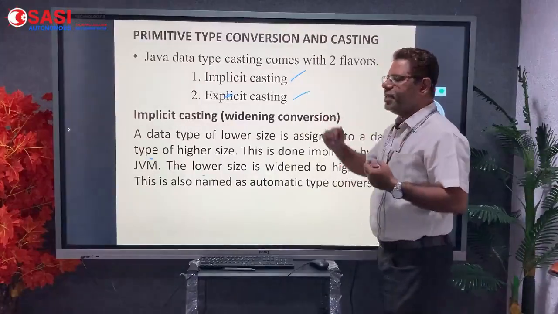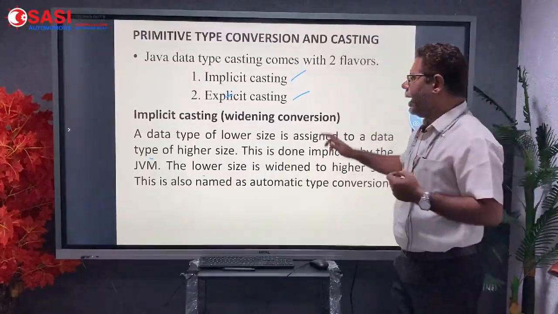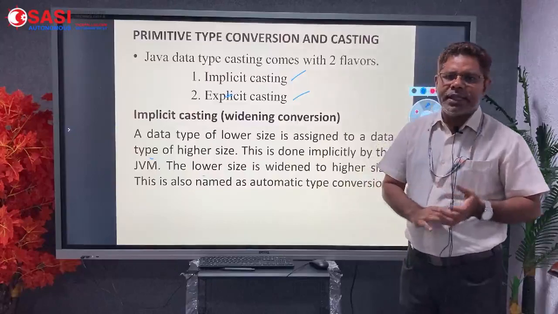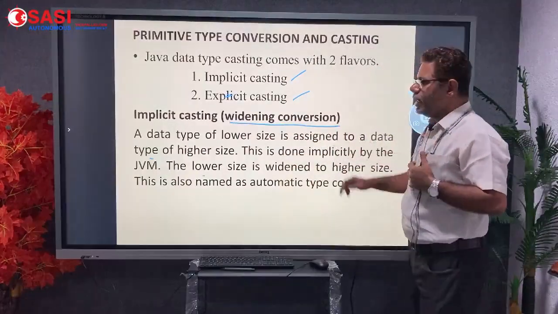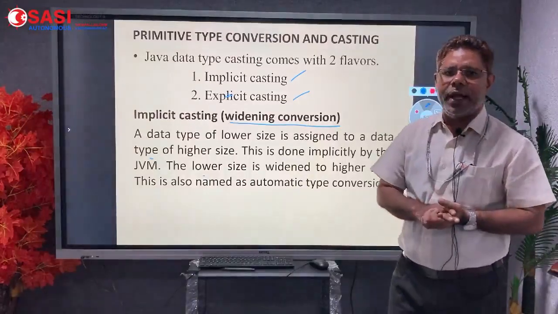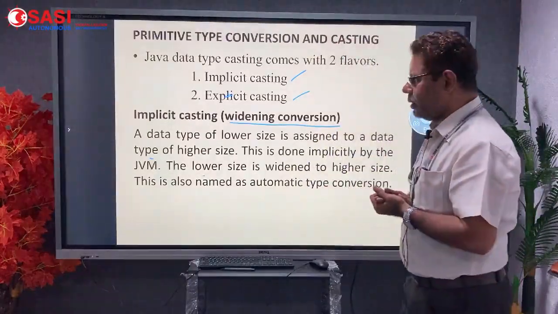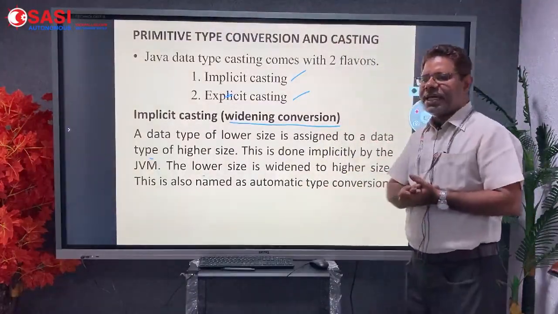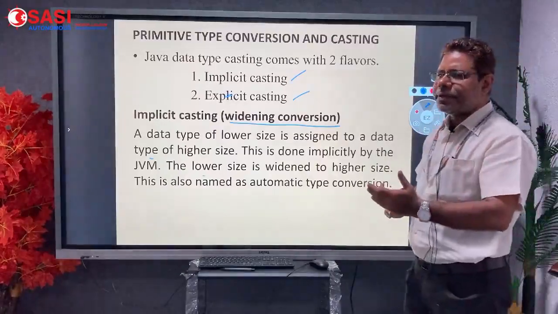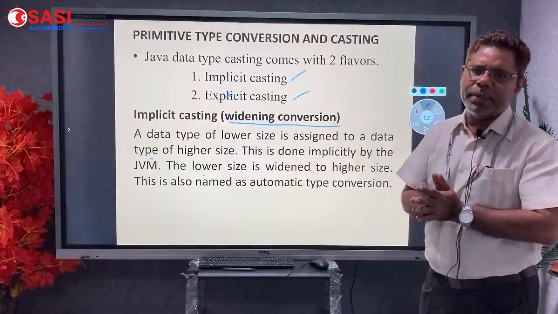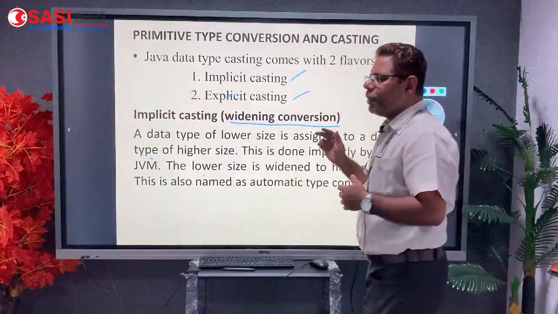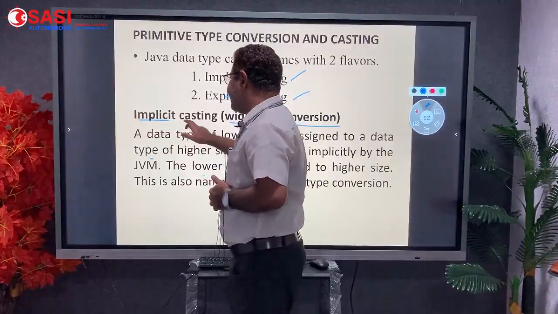One is the implicit casting and the second one is the explicit casting. The implicit casting is also called widening conversion. The explicit casting is also called narrowing conversion. So what is implicit casting? If the data types are compatible, then automatically Java will perform typecasting. This type of typecasting is called implicit casting.